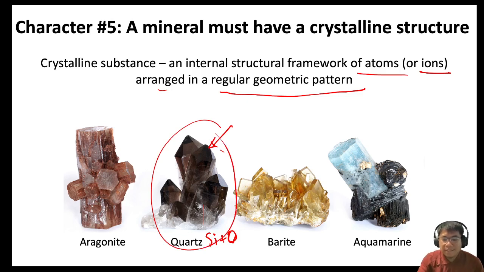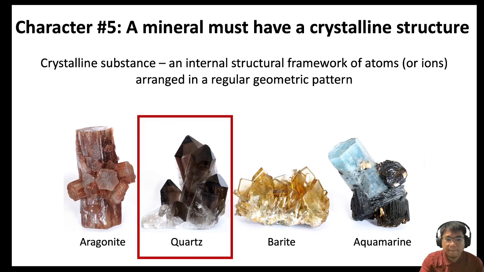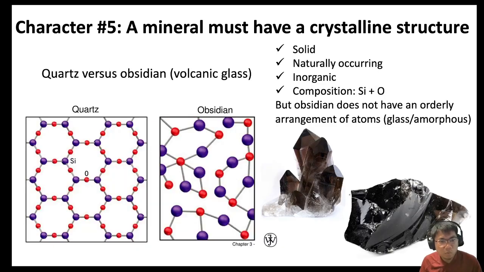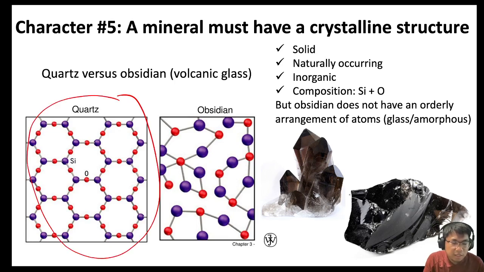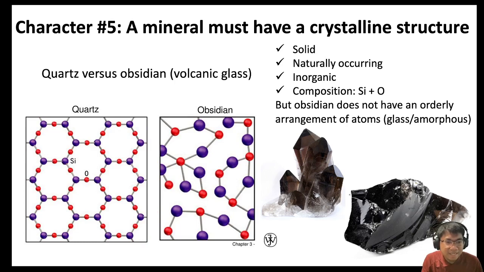So let's take a look at the structure of quartz, for example. So this is the structure of quartz. As you can see here, it actually consists of this purple ball and red balls right here, and all of these purple and red balls within quartz have been arranged nicely, and it actually has a very nice geometric pattern within quartz.